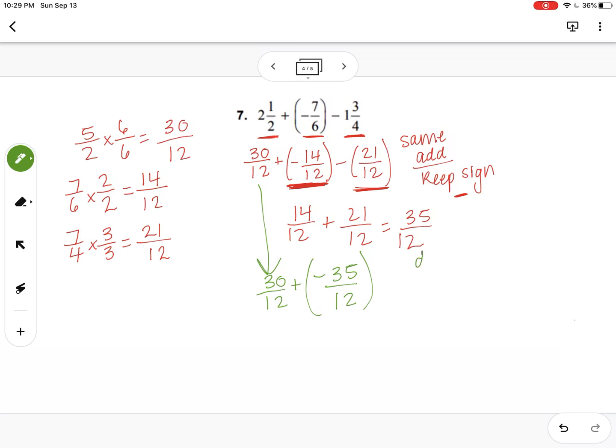So now I have one negative sign, one positive sign. They are different. And that means you keep the sign next to the bigger number and subtract. So we're going to subtract and keep the bigger number's sign. So in this case, is 35 bigger or is 30 bigger?